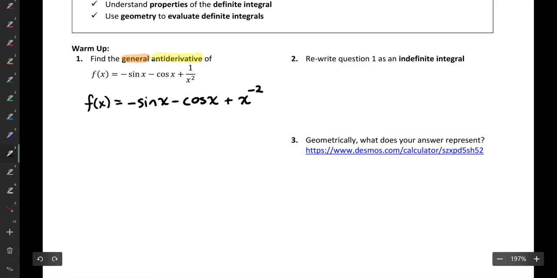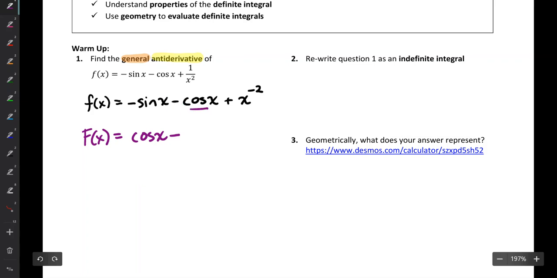Now my antiderivative, going term by term: the derivative of what function is negative sine? The derivative of cosine is negative sine. Minus the derivative of what function is cosine?